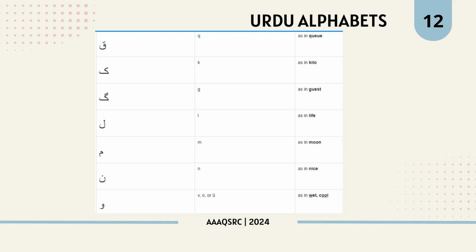Okay, so we have ghain. Next is ghain. Ghan, ghan. In Urdu, it's ghan. In Arabic, it's ghain. There is a difference between Arabic and Urdu, though they have many similarities, so I am discussing both, right? You can write ghan in English as GH, G sound.